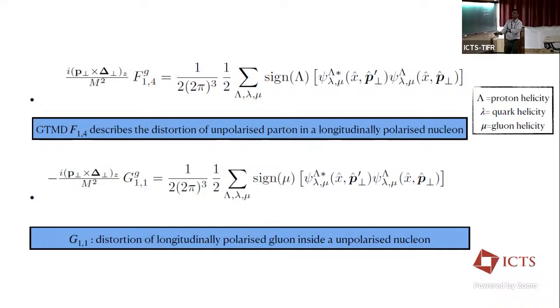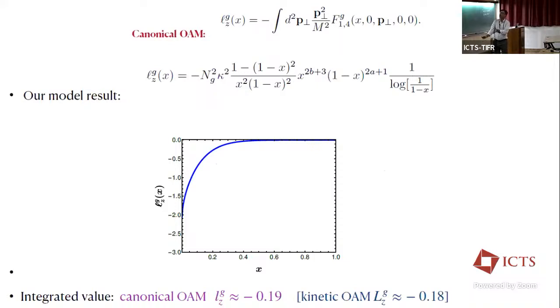That describes the distortion of the unpolarized gluon in a longitudinally polarized nucleon. And similarly, this G11 is another GTMD that gives you the distortion of the longitudinally polarized gluon inside an unpolarized nucleon. And from there, I can again define this canonical orbital angular momentum.